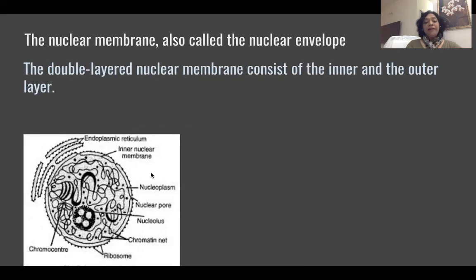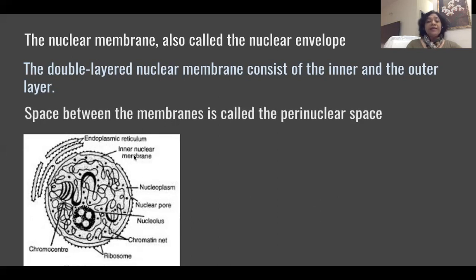You will find that the nuclear membrane is a double-layered membrane, and it consists of the inner and the outer layer. So the nuclear envelope has two layers, the outer layer and the inner layer. There is a space between the two layers.